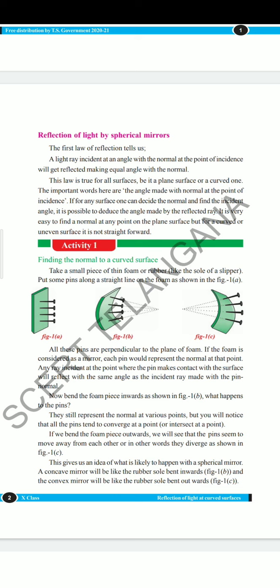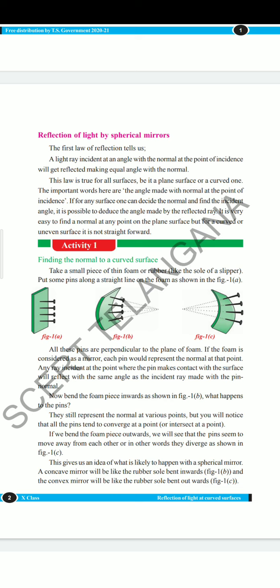All these pins are perpendicular to the plane of the foam. If the foam is considered as a mirror, each pin would represent the normal at that point. Any ray incident at the point where the pin makes contact with the surface will reflect with the same angle as the incident ray made with the pin normal.